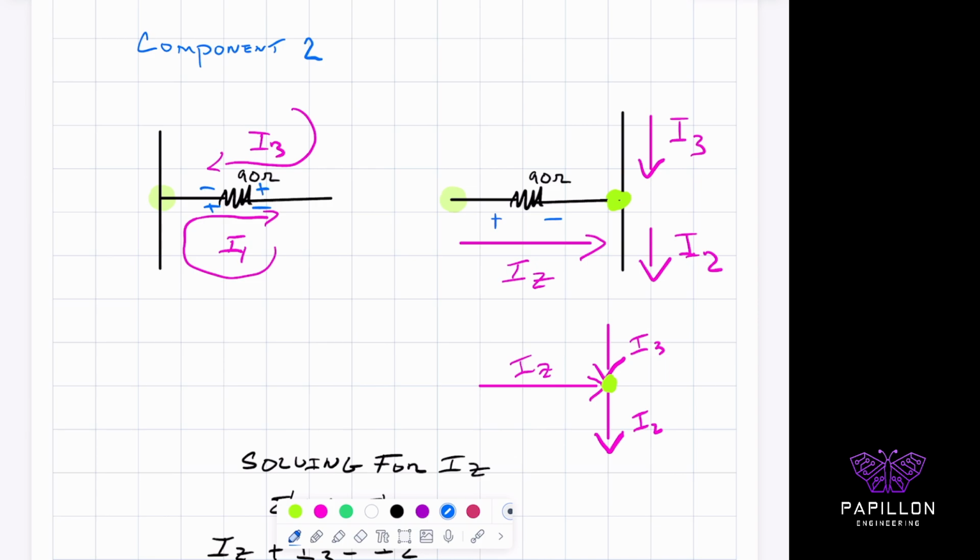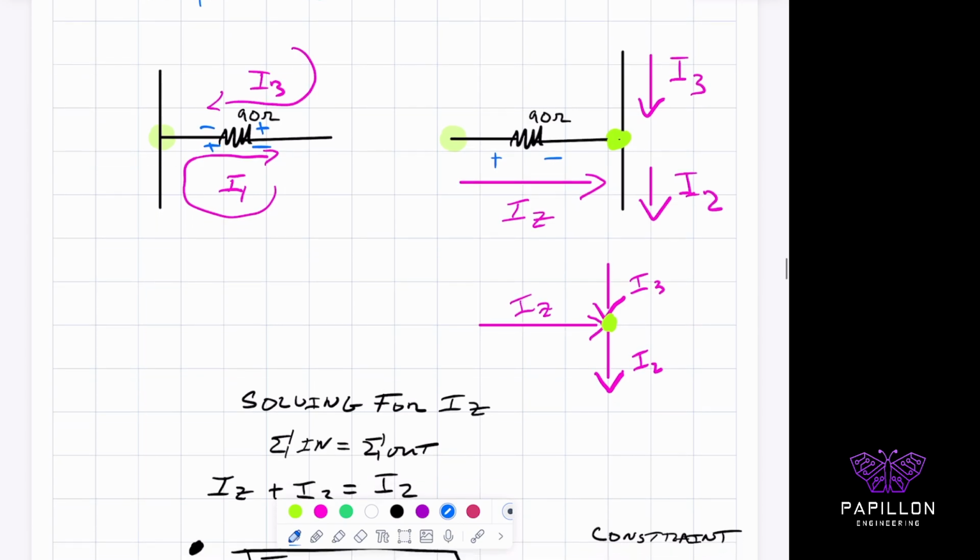Now when you do that, you can expect, because we are in loop 2, that with certainty the current is going down because we're going clockwise again, down over here because I3 is going clockwise, entering, leaving. And how do we know the direction of IZ? Because we are in loop 2, therefore loop 2 takes precedence. We're entering that node, so this value of IZ is entering this node.